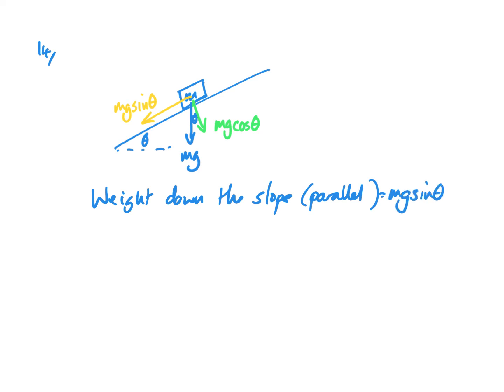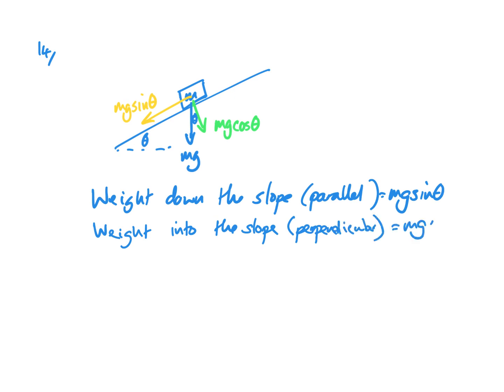And let's say you're not given that, but you will be expected to know it. The weight into the slope, which isn't so useful to be honest, would be mg cos theta.